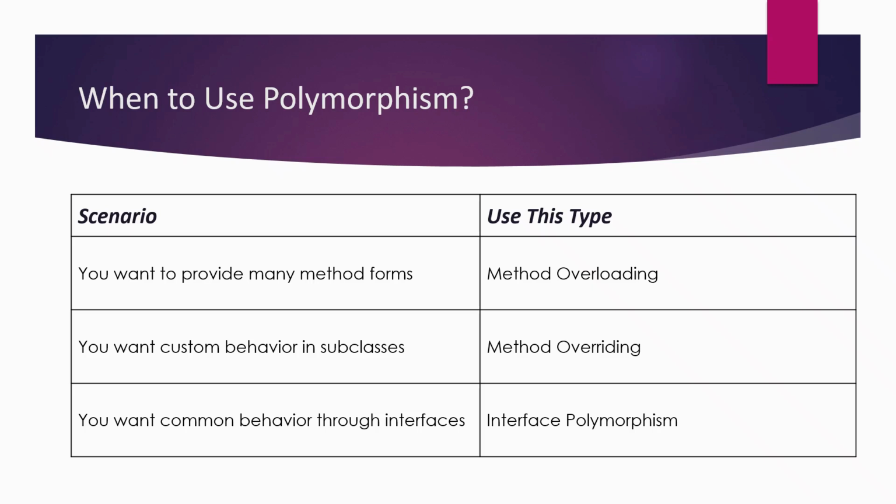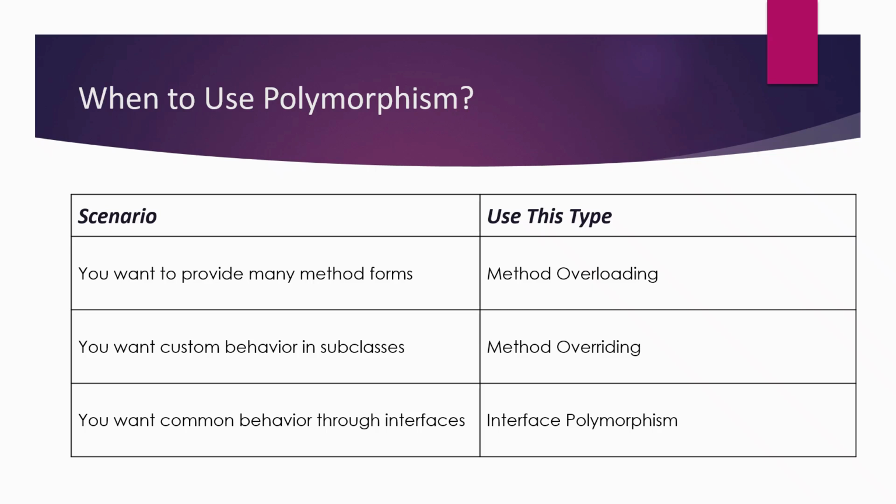What it means: you have a base class method, but want different behavior in each subclass. If you want common behavior through interfaces, then use interface polymorphism. What it means: if you define a contract using an interface, and many classes implement it to behave uniquely.